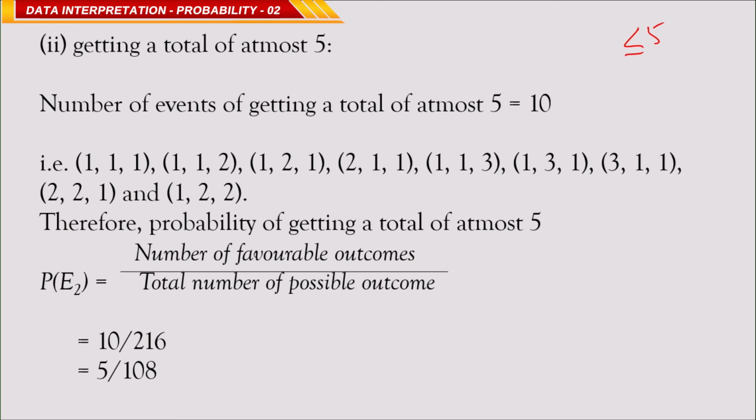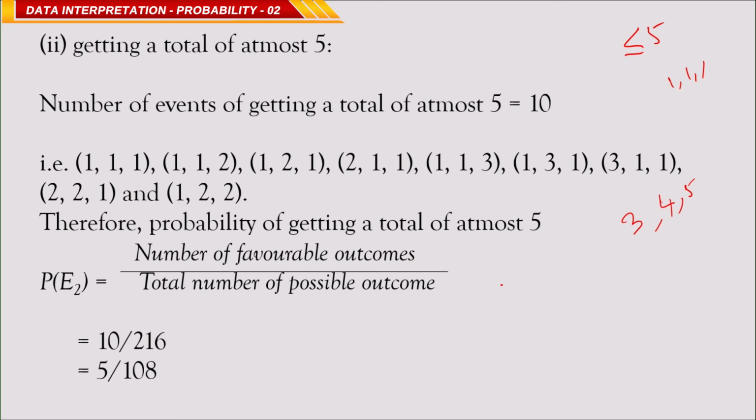For getting a total of at most 5, we have to see the possibilities: the minimum number is 3, next 4 and the next is 5. So 3, 4, 5.